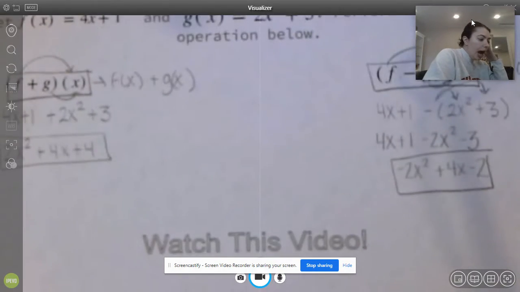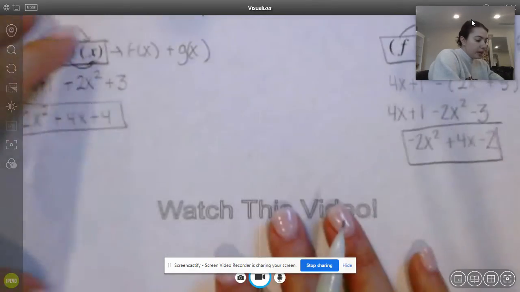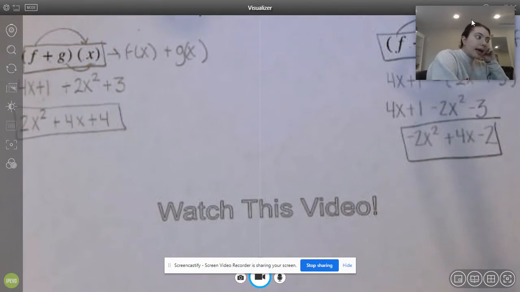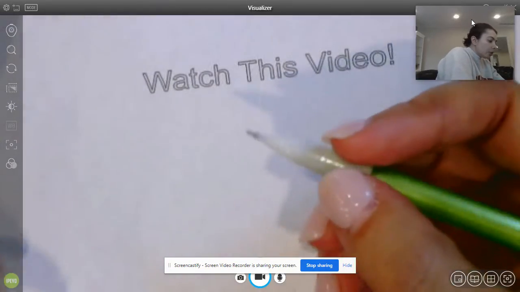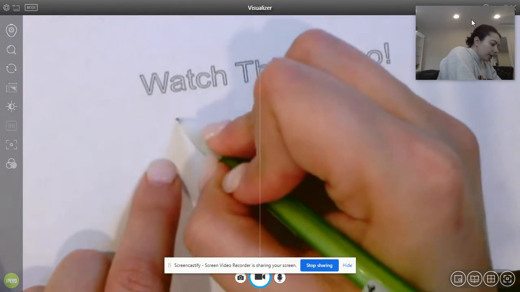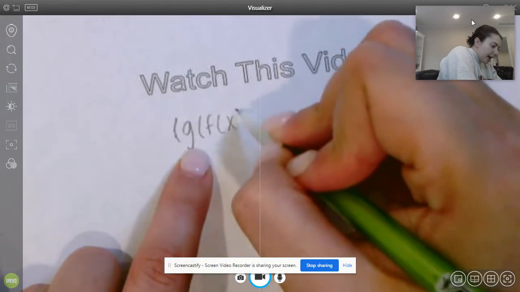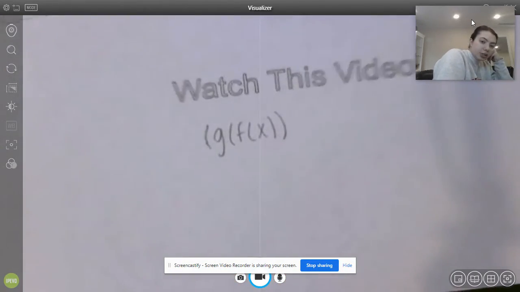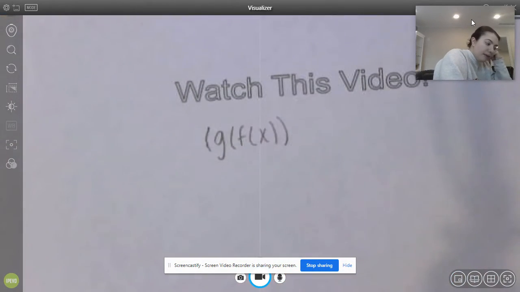On this slide, it doesn't really give you much room besides filling this in and finding the value. But under this watch video sign, if you can follow along on this slide, where are we going with this? Eventually we're going to start looking at functions that look like g of f of x, which is another way of writing g of f of x.